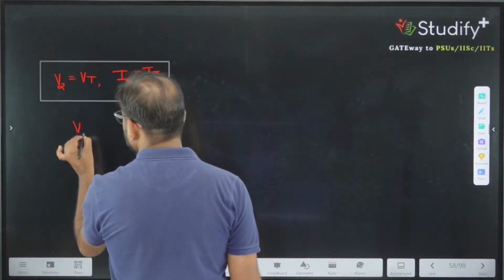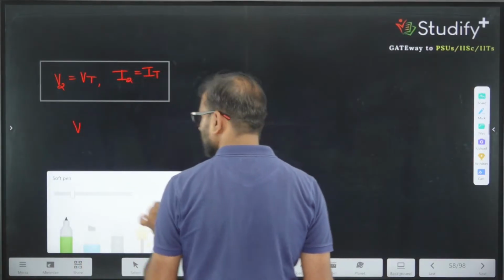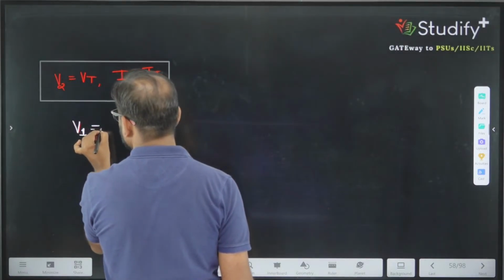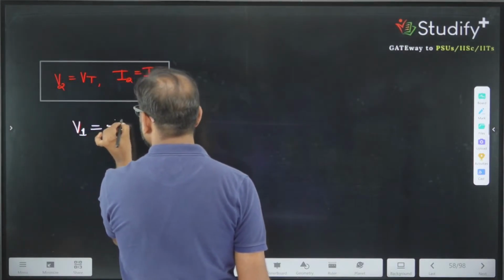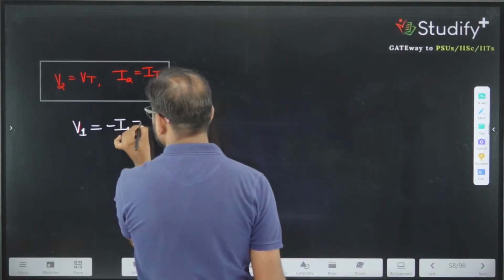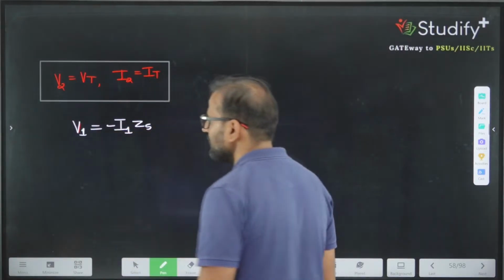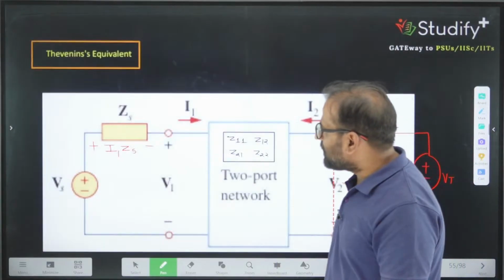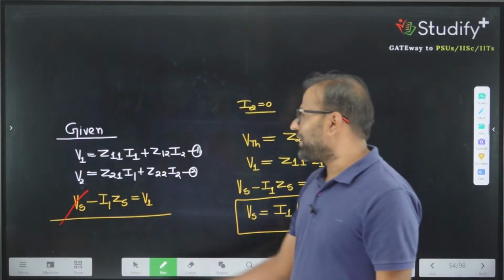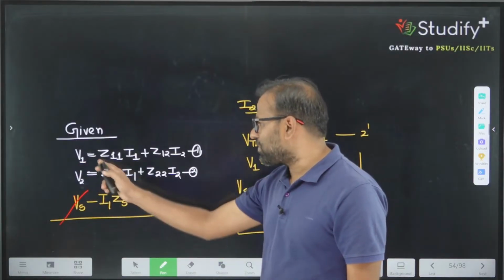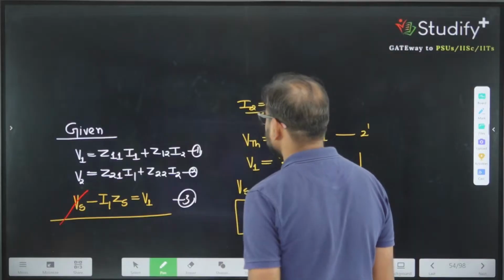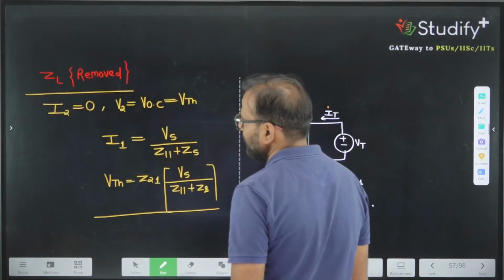The value of V1 is minus I1 into Zs. Correct? Now we can use these relationships. So V1 is minus I1 into Zs. I am putting this value from equation number 3 to equation number 1.